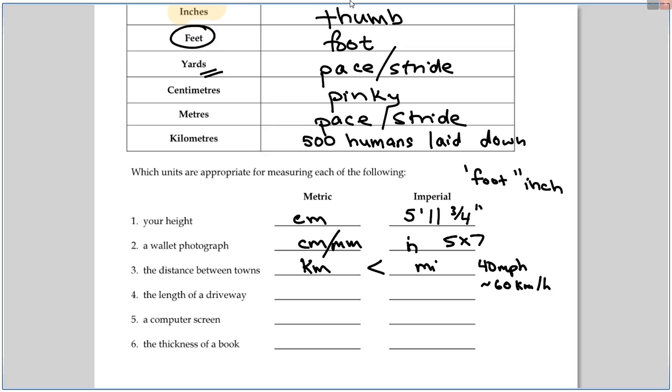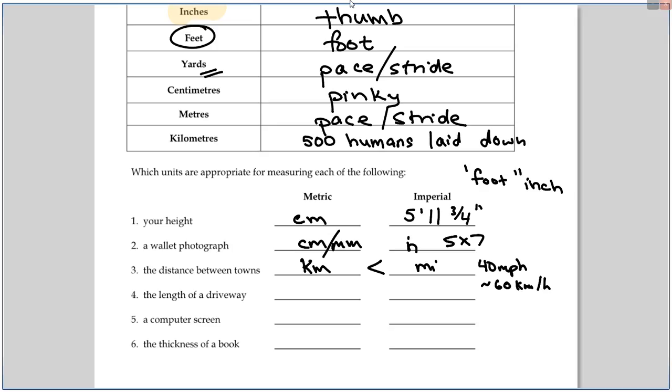Even though the number's lower, you're actually going faster in kilometers because the mile's bigger. Your parents might use miles because that's what they grew up with, but most people, my generation, your generation, use kilometers.